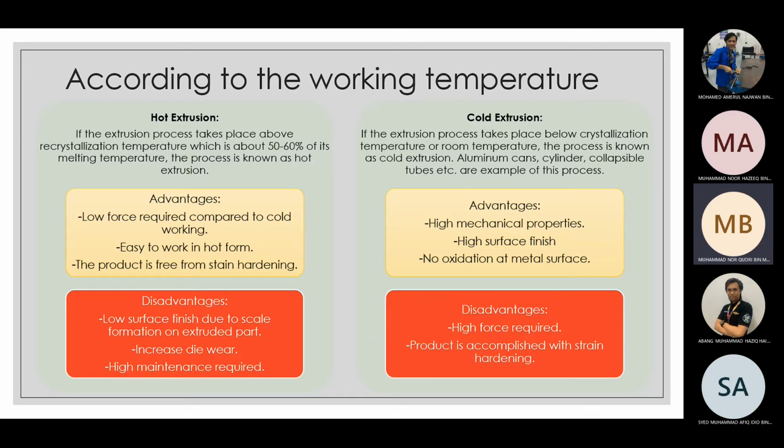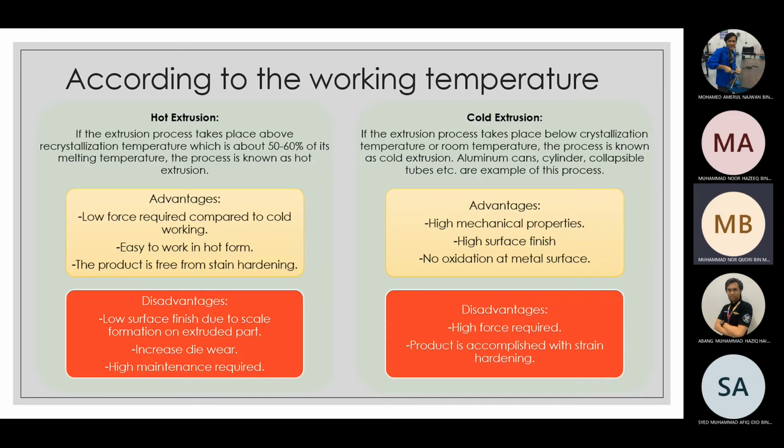The advantages of hot extrusion: first, low force is required compared to cold working; second, it is easy to work in hot form; and third, the product is free from strain hardening. The disadvantages of hot extrusion: first, low surface finish due to scale formation on the extruded part; second, increased die wear; and third, high maintenance required.